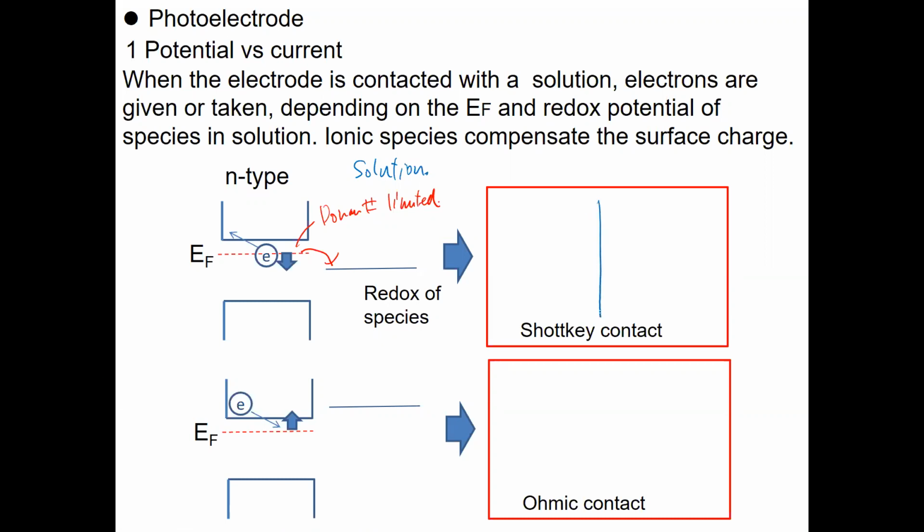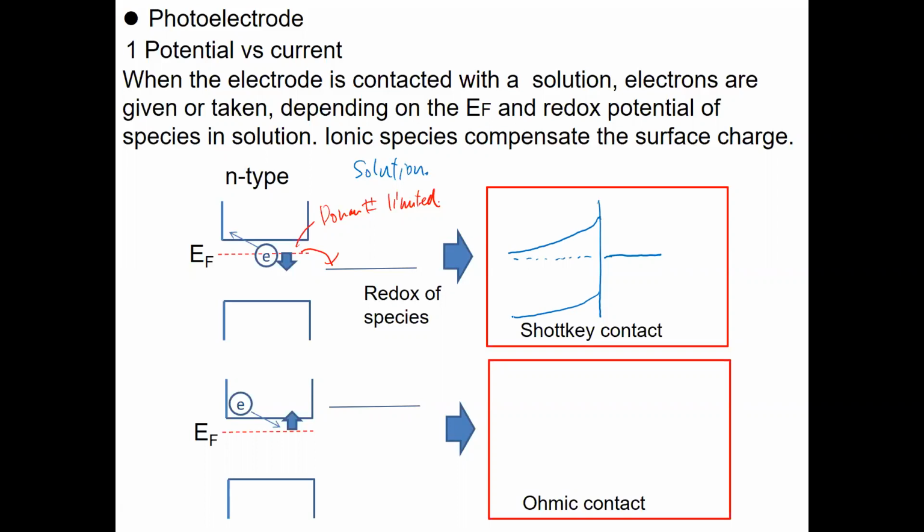So the redox of chemical species cannot be changed. But at the equilibrium, the Fermi level must be matched with the redox potential. And since the band must be gradually lowered, like this. This is what happened.